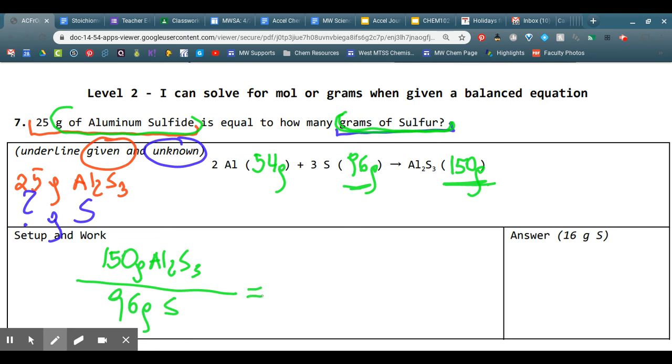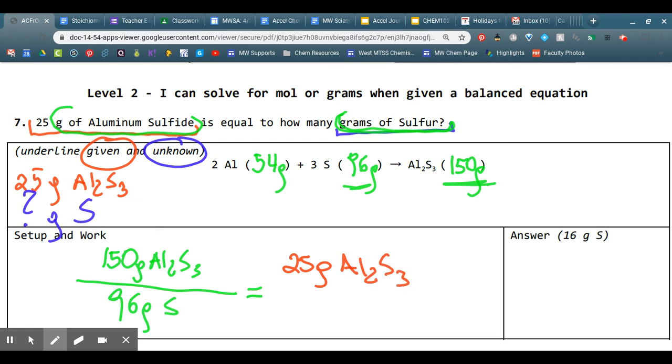And that equals the second ratio, which comes from our actual given and unknown. Our given is 25 grams of aluminum sulfide, and since I need to make sure that my units line up, I'm going to put that one on the top.